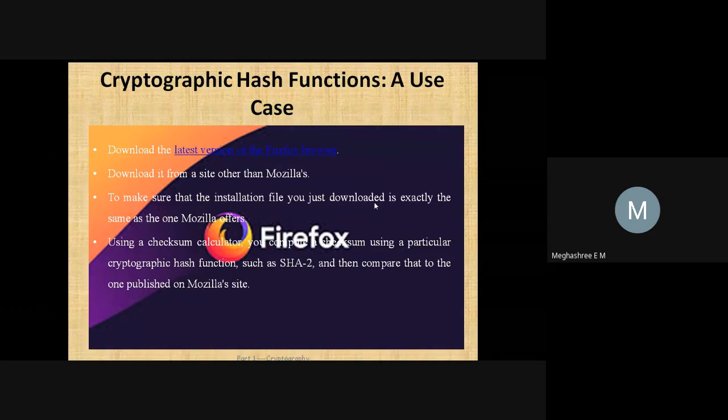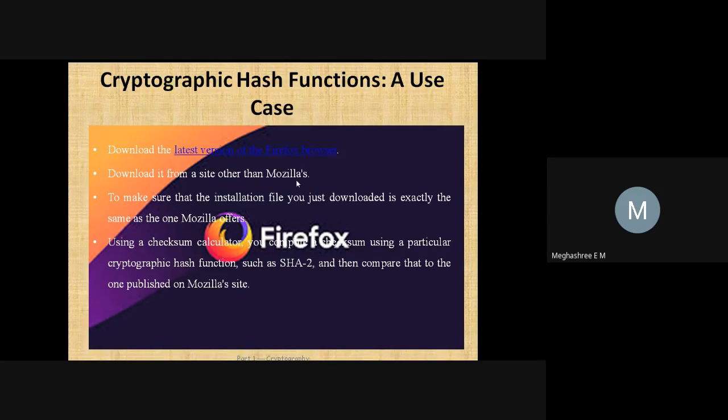Now the question is, you want to make sure that the one provided on the Mozilla website is the same as the one you downloaded from the other website. You want to make sure the one you have is an authenticated one.